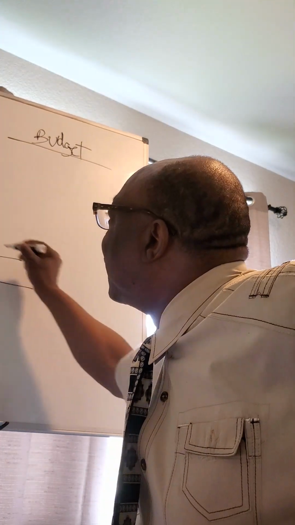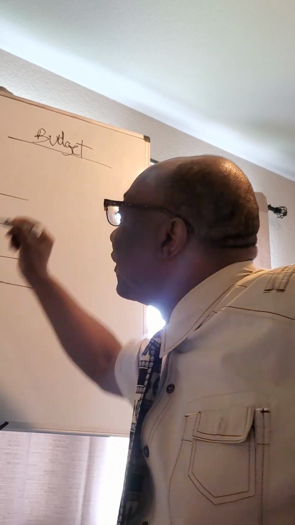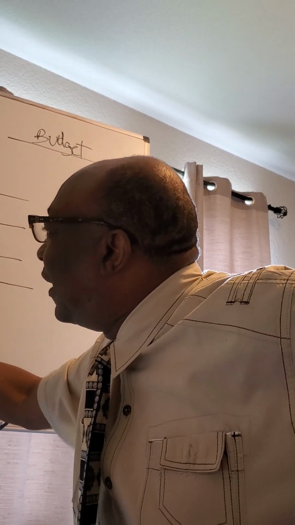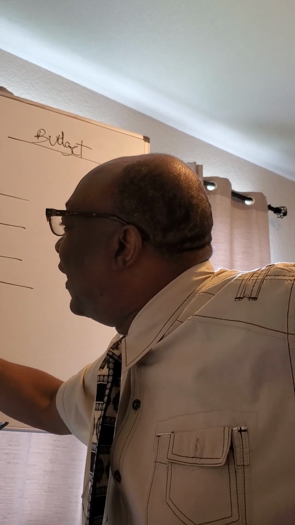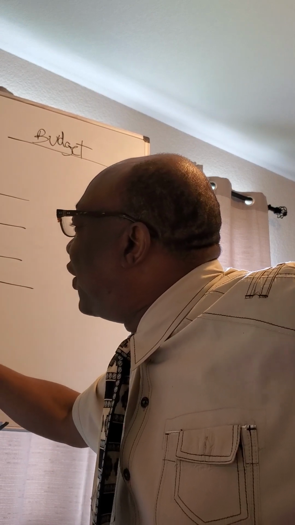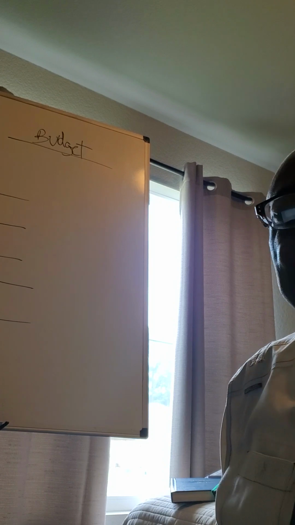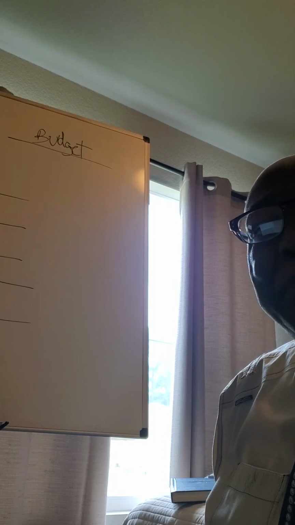And budget for personal items. Personals, hygiene. Very good. Can you tell me how much you would expend for personal items every month? You got 4 months to deal with.